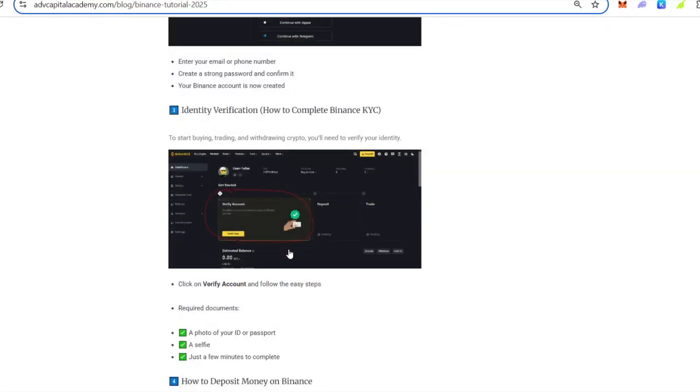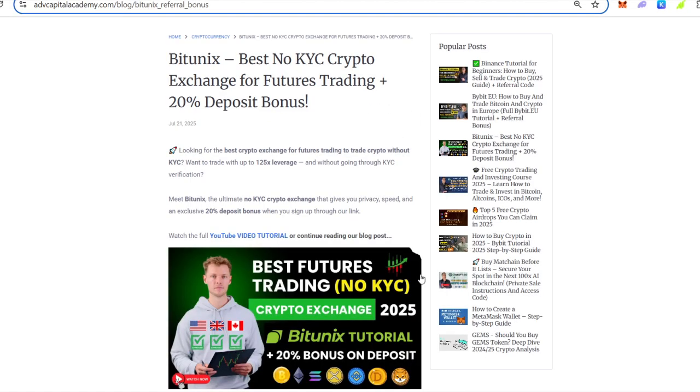Next step to do is to create your identity verification. To be able to buy, sell and trade crypto on Binance, you need to do a KYC. If you're from Binance restricted country or you would like to try an exchange without KYC, on our blog you can find information about Bitunix, that is the best no KYC crypto exchange that we use for futures trading, and we have an agreement with them to get a 20% deposit bonus that is directly credited to your account for futures trading.